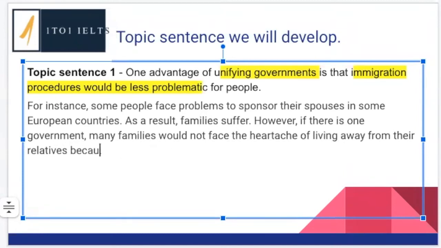So we want to be a bit more specific, because why would they not face heartache? And we want you to think of a situation rather than a thing, Mary. So try to think of a clause rather than a noun phrase.